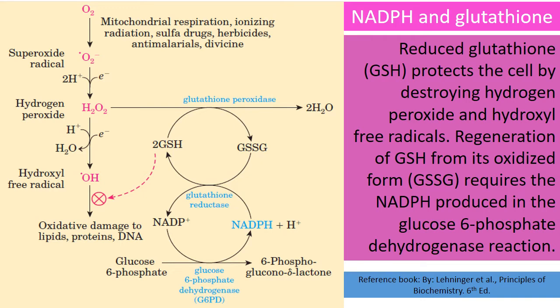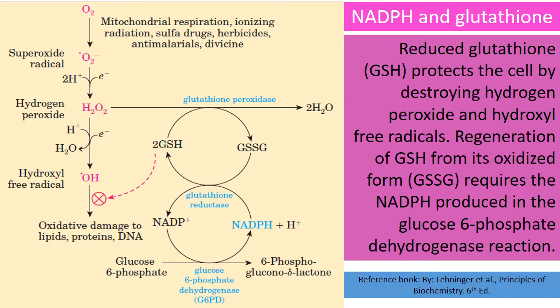Then again, this oxidized form is converted into reduced form, and that requires an enzyme, glutathione reductase, from where they are getting this hydrogen ion, and that is coming from NADPH. So NADPH is converted into NADP with the enzyme that catalyzes this reaction, glutathione reductase.